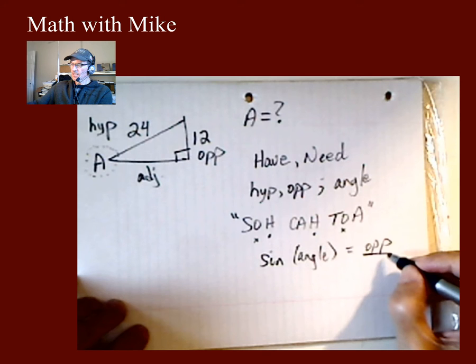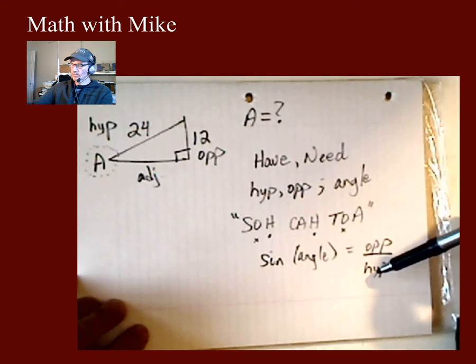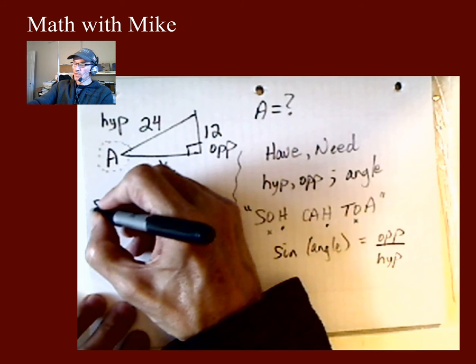Then we get particular. What are the numbers for this question? What are the letters now for this question? Instead of the word angle, we put A in there because that's what it's called. Other questions, it might be X, Y, whatever. Big letters, though, by the way, as an aside: big letters for the angles, small letters for the sides. But I digress.